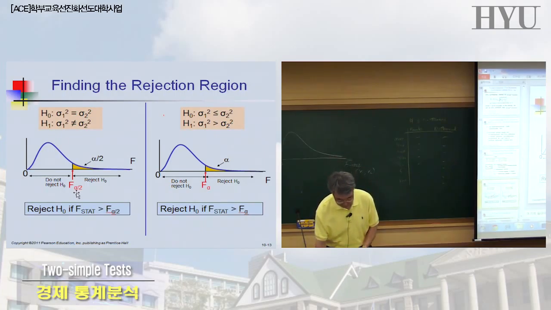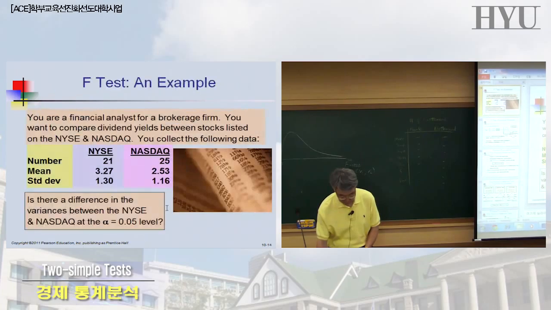So let's say we are running a one-tail test, because we put the larger sample variance on top. We are running this one-tail test, and then based on that, you can make a conclusion.